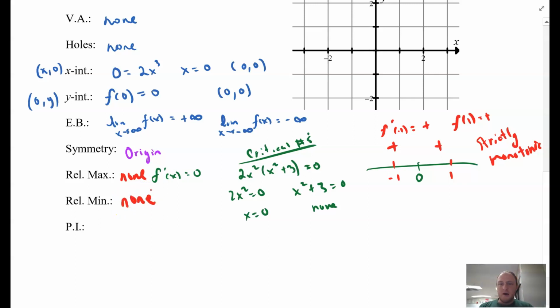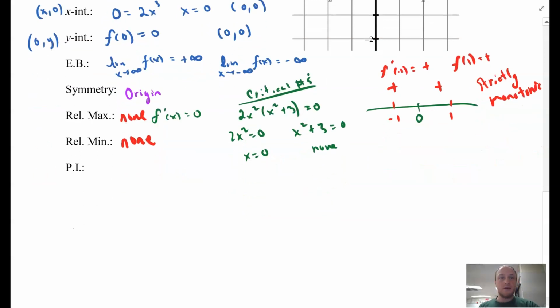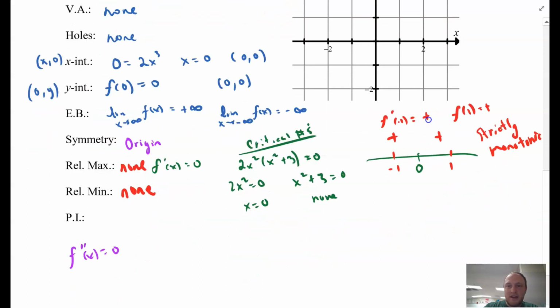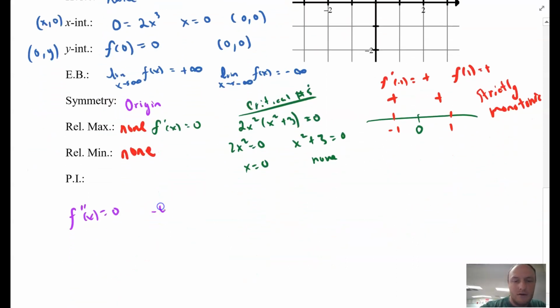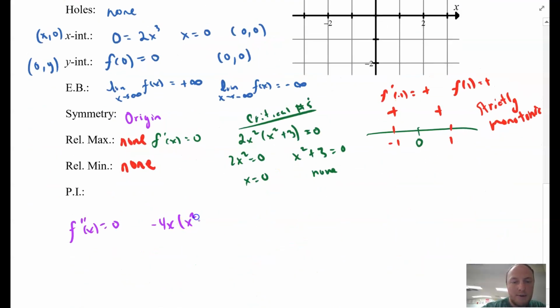Okay, and then lastly, it says points of inflection. Well, points of inflection occur when we go from concave up to concave down. So we're going to analyze f double prime of x. Again, I'm going to set this equal to 0. So I'm going to take f double prime, -4x times x squared minus 3, and I'll set that equal to 0.